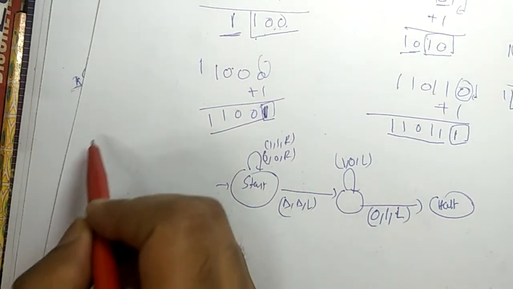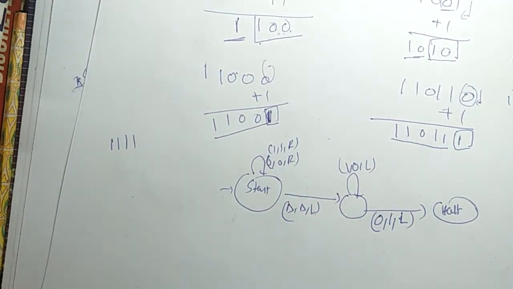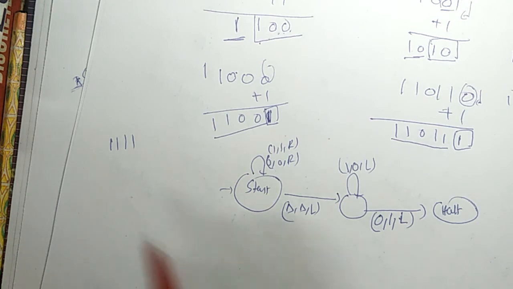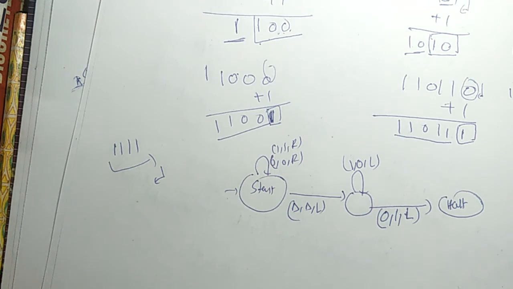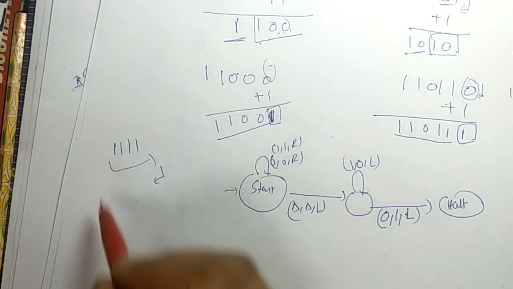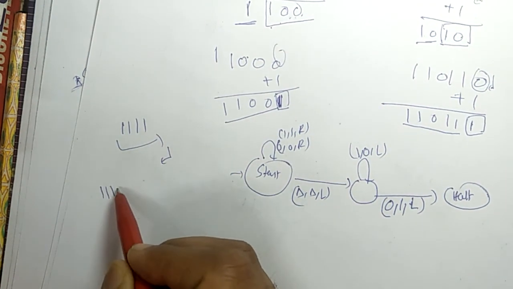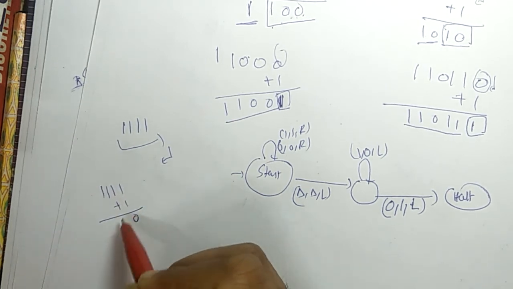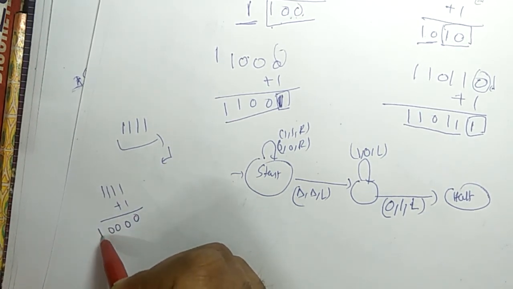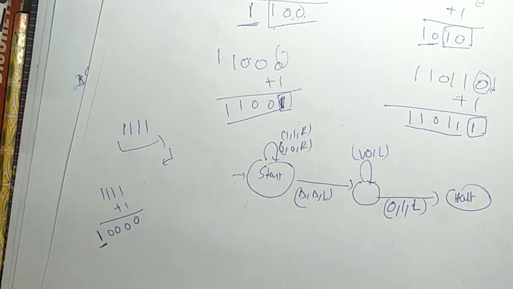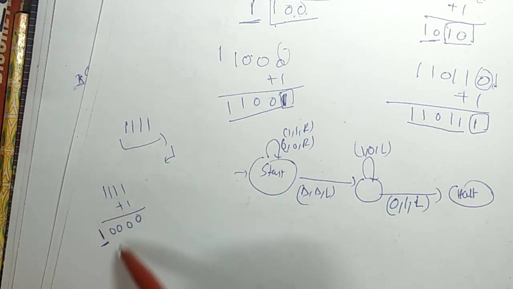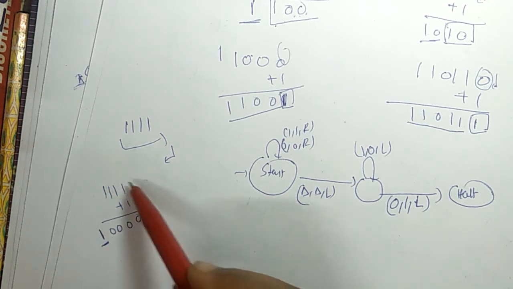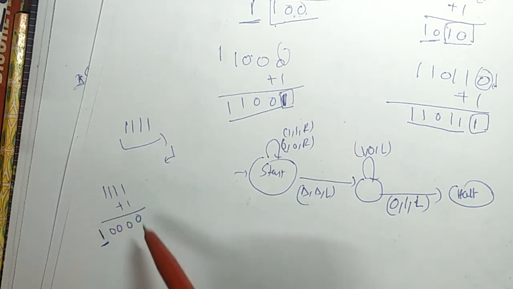What will happen if the tape contains only ones, and you reach this corner, and from this corner you are trying to find the very first 0? First look at what the output will be if you add 1 to all ones. It will become 0 0 0 0, and a carry of 1 will be there. Suppose it is 15, by adding 1 it becomes 16, and 15 is 4 digits in binary, and 16 is 5 digits.